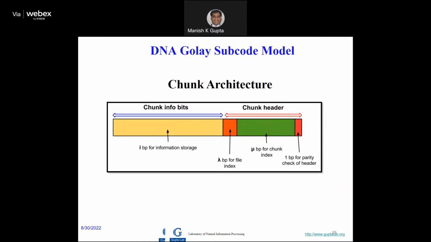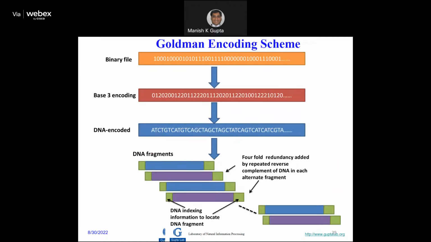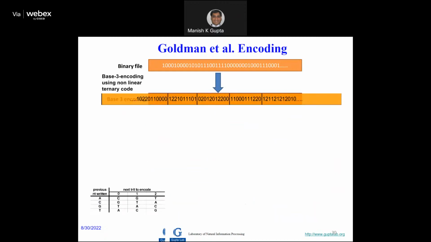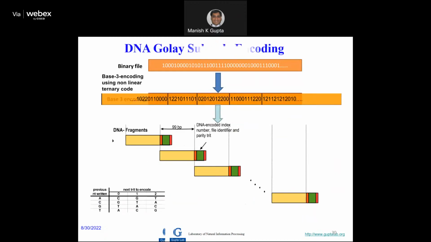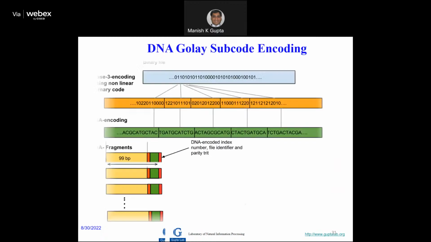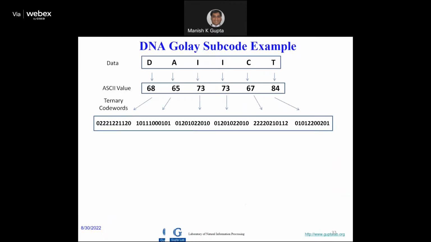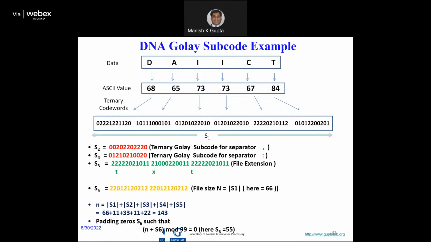So the chunk architecture we designed has certain info bits, chunk header, base pair for index and so on. This is the Goldman encoding, modified. I think we already talked about this earlier, so I'm skipping these slides. We have these ternary codewords. We gave you this in the first lecture, right?